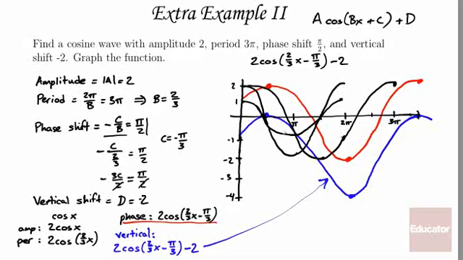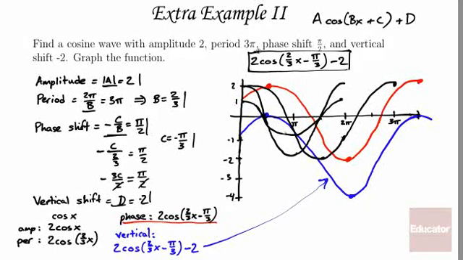We were given all these attributes: amplitude, period, phase shift, and vertical shift. We know the equations for those 4 things: absolute value of A, 2 pi over B, negative C over B, and D. So what we do is we kind of plug in those attributes and reverse engineer to figure out what A, B, C, and D are, and then we can put those together to get the equation of the function that we're trying to graph.